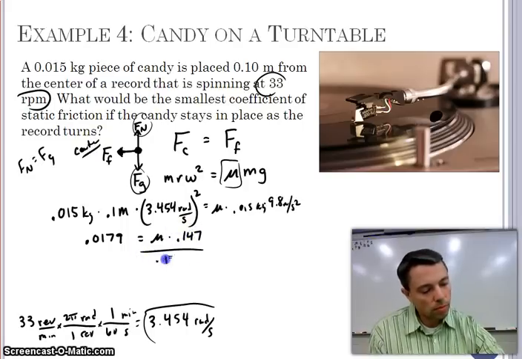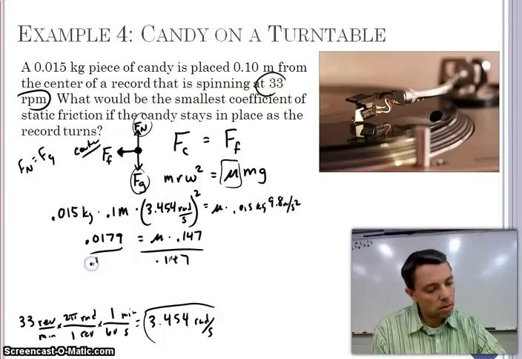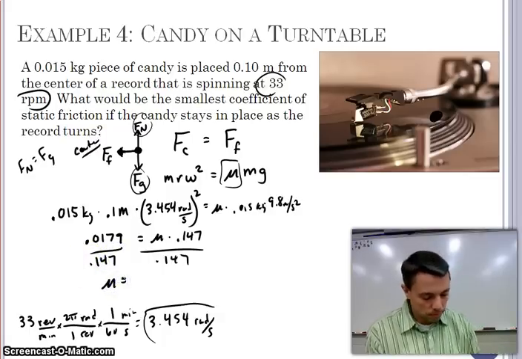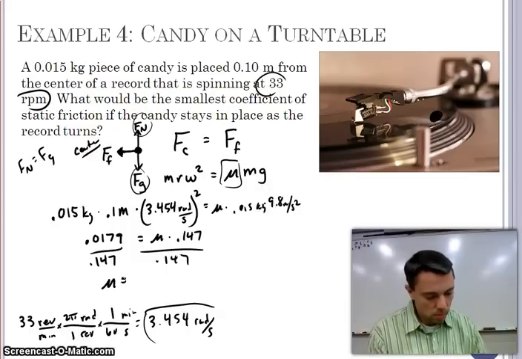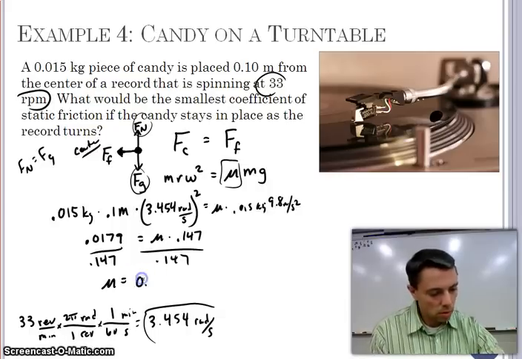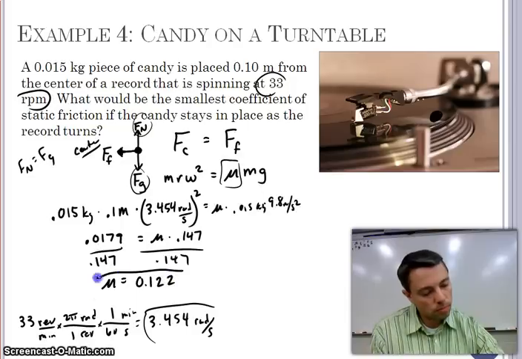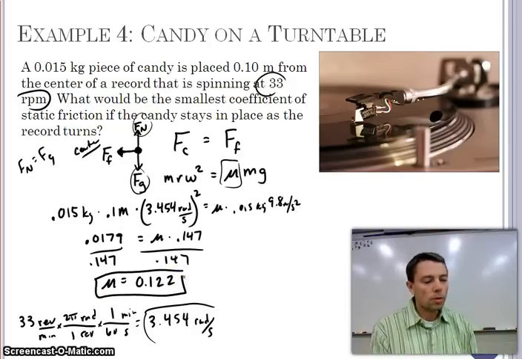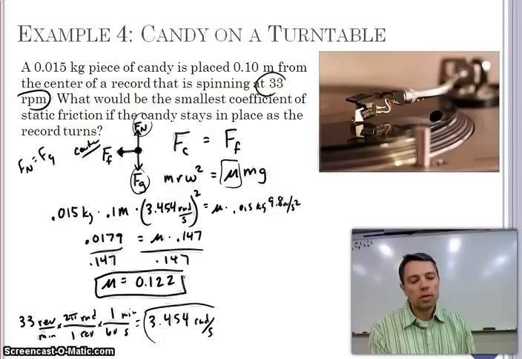Divide by my 0.147, coefficient of friction then equals 0.122.